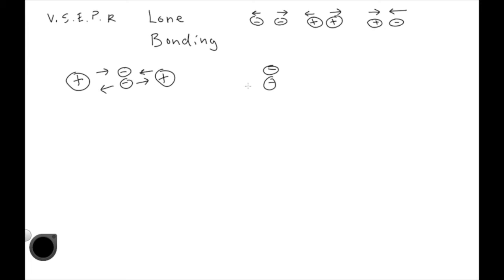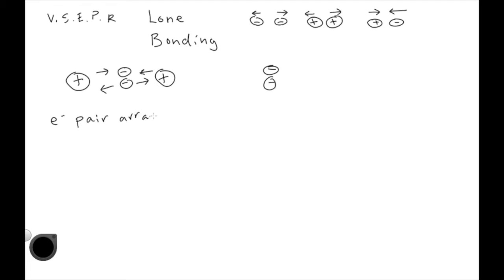But now we will differentiate between the two. Molecular geometry is how the atoms are arranged around the central atom, whereas electron pair arrangement is how the electron pairs are arranged around the central atom. So let's look at these two terms.